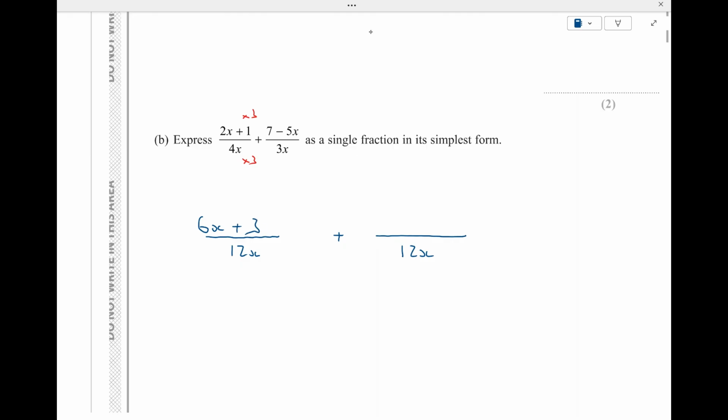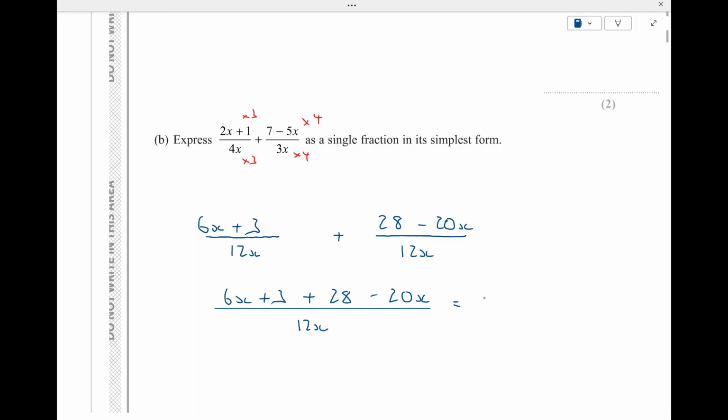And this right-hand one, I'm going to multiply that by 4 to get 12x. So I'm going to multiply that by 4. 7 4s are 28 minus 20x. So I'm going to have over 12x, 6x plus 3 plus 28 minus 20x.